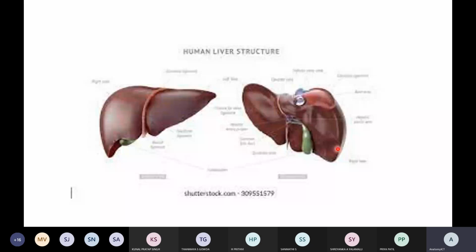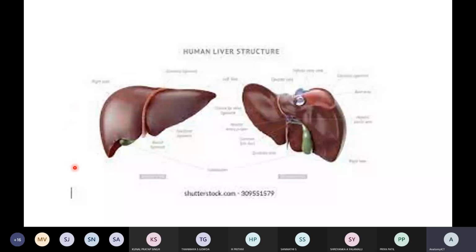Now, moving towards the diaphragmatic surface of the liver, this lobe is tilted like this, making a dome. In relation to the right and superior surfaces, the right part of the diaphragm forms a dome shape.